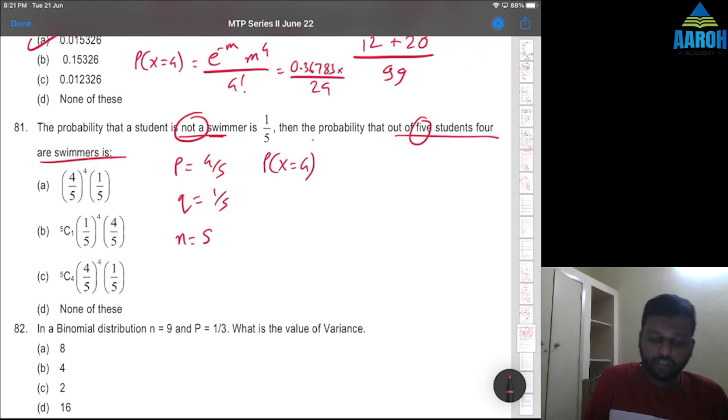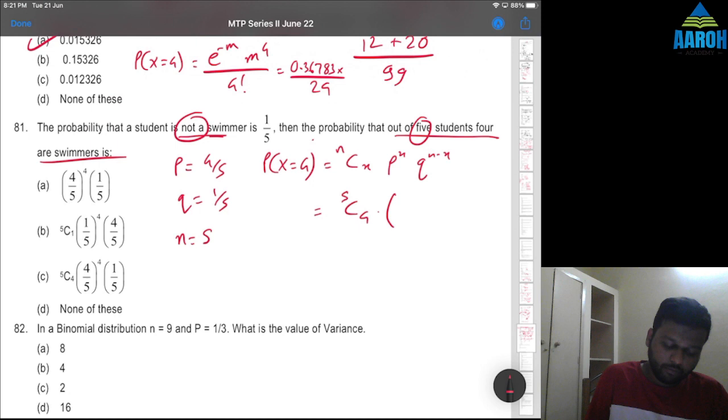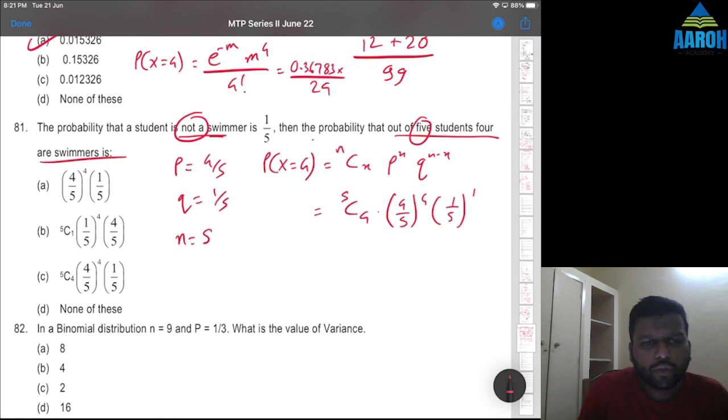That's it. So what is the formula of the binomial distribution? PMF is nCx into p raised to x into q raised to n minus x. So 5C4 into p, p is 4 by 5 raised to 4 into 1 by 5 raised to 1, 5 minus 4, right? So if you go by options, it is clearly option C directly. No need to do anything else, right?